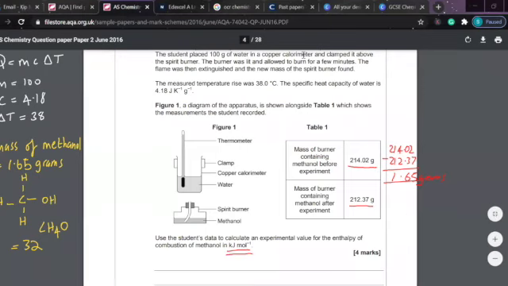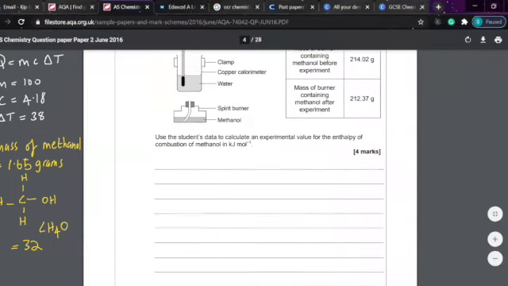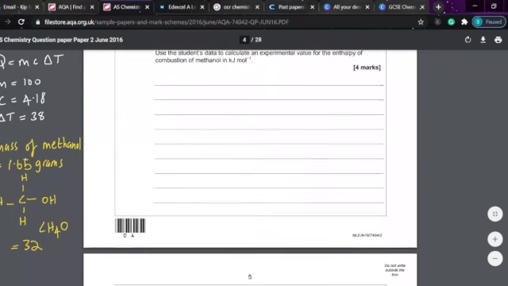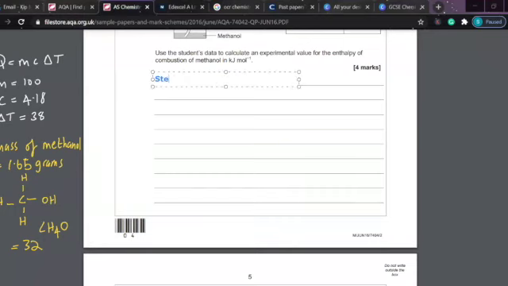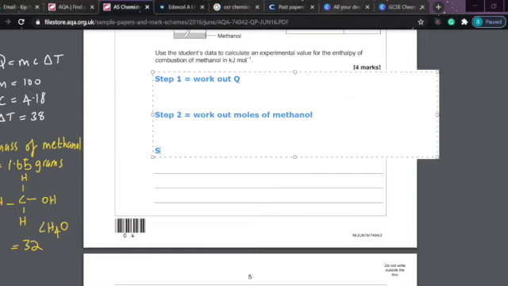I'm going to scroll down to the next page and rub this bit out here. So we're going to work out the enthalpy change in kilojoules per mole. Step 1 is to work out Q. Step 2 is to work out the moles of methanol.